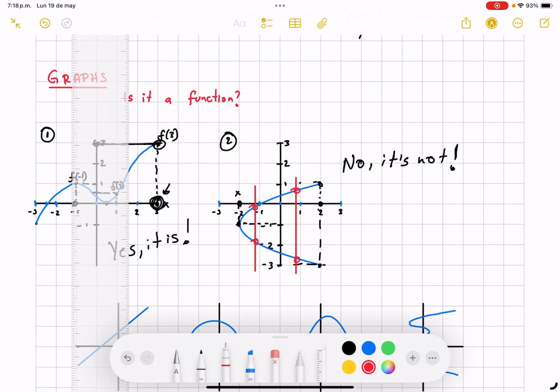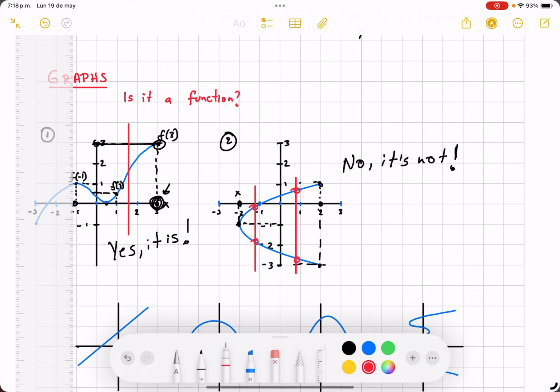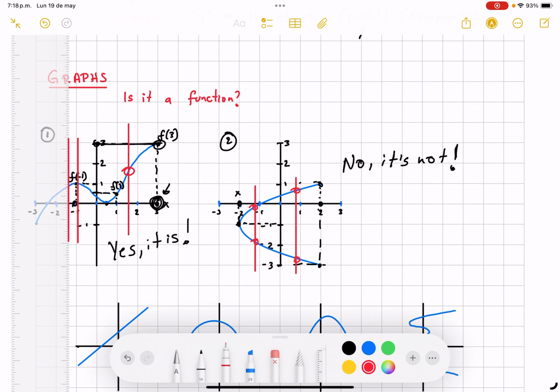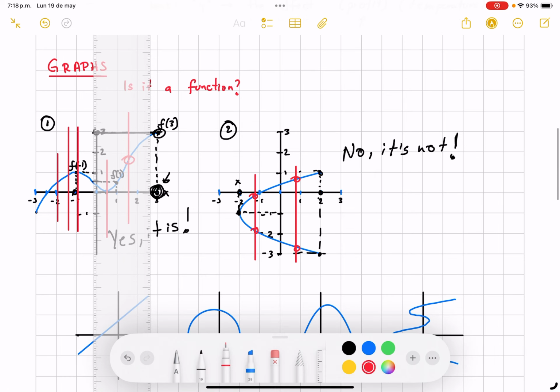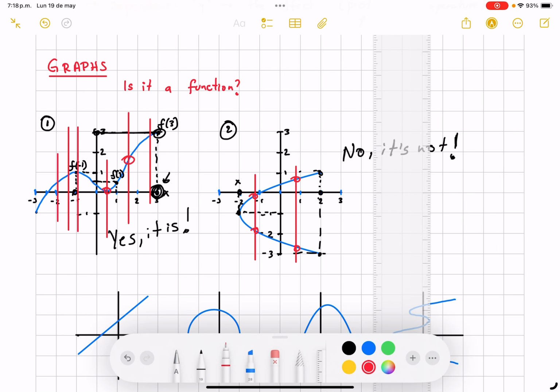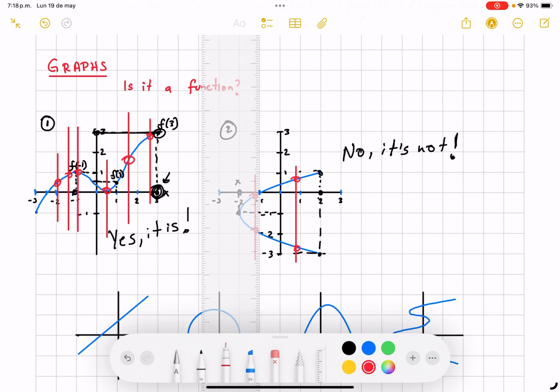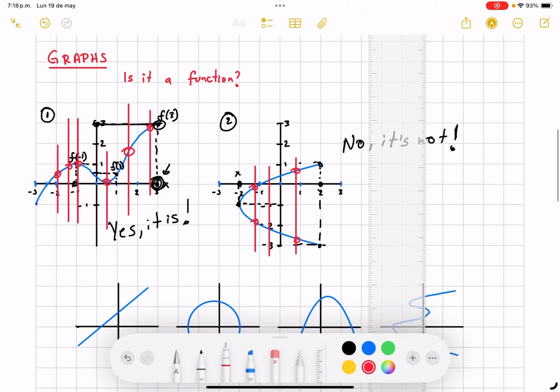If the vertical line is only touching 1 point, this is a function, for every part where I want to check it. In this case, different lines are touching more than 1 point.